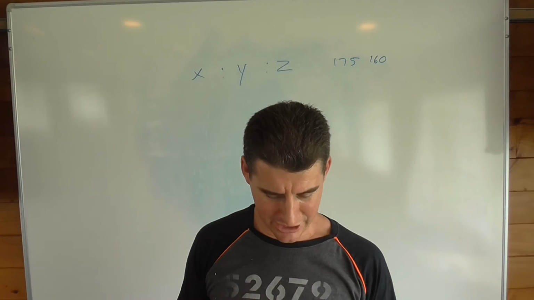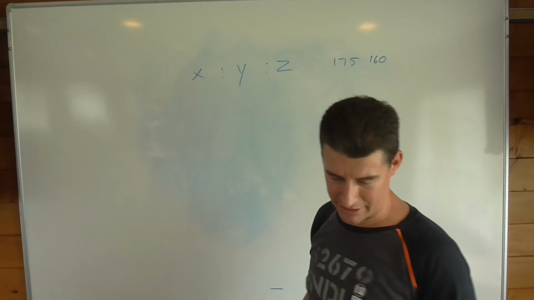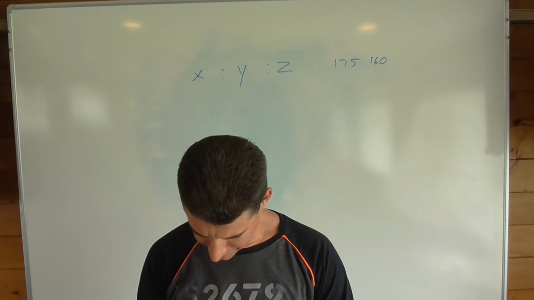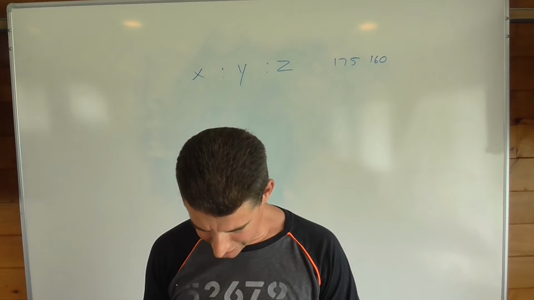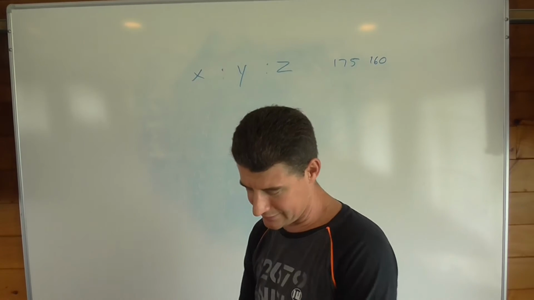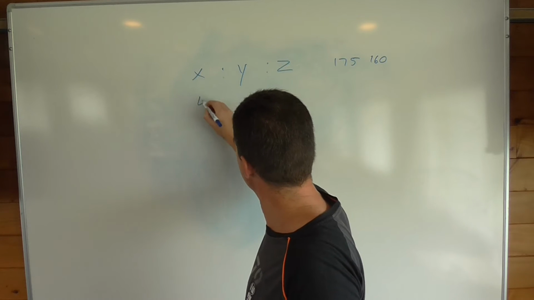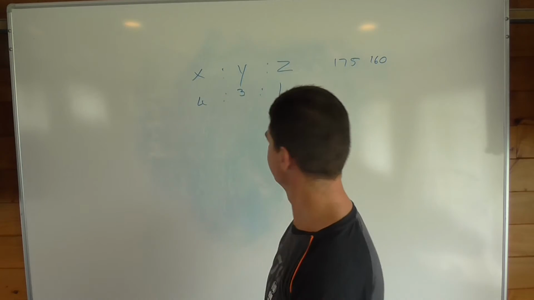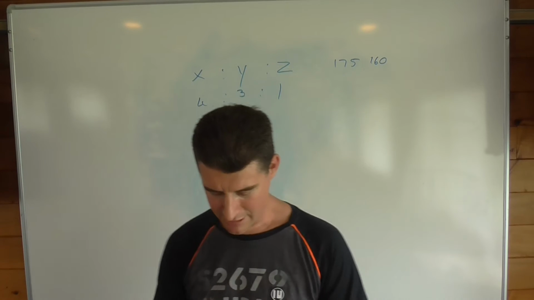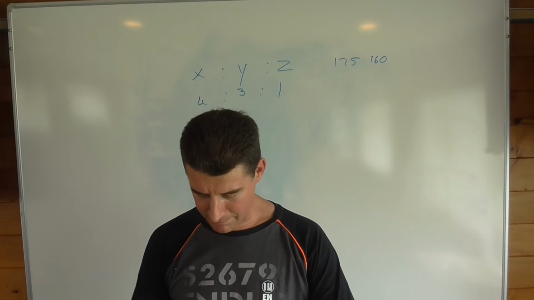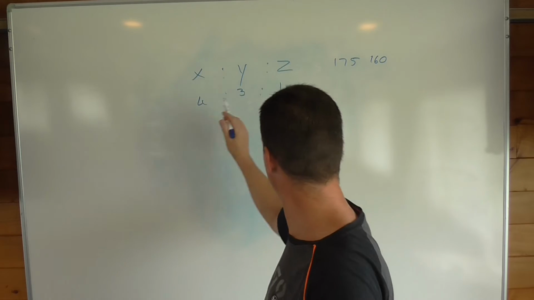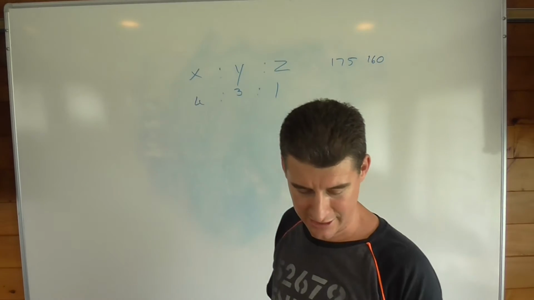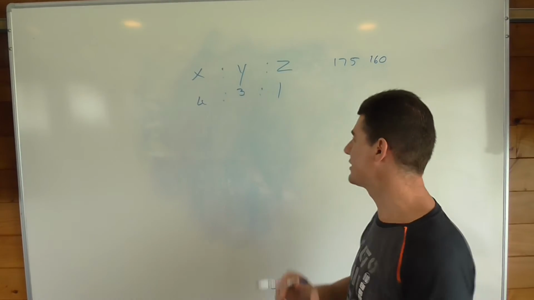So how much does each partner get? I just want to check something. It says the profits are shared between X, Y, and Z in the ratio 4, 3, 1. Okay, I almost missed that part. So profits are shared between the 3 partners in a ratio of 4 to 3 to 1, and the total is 175,160. So now once again we do exactly the same.